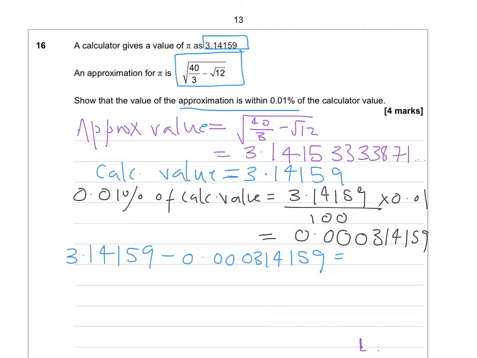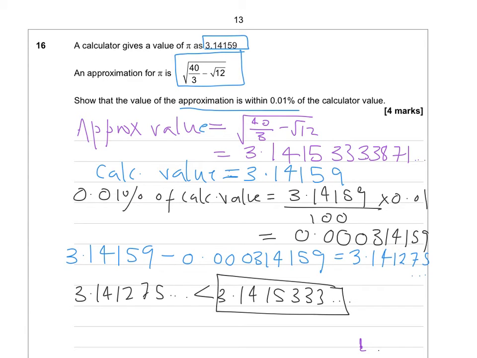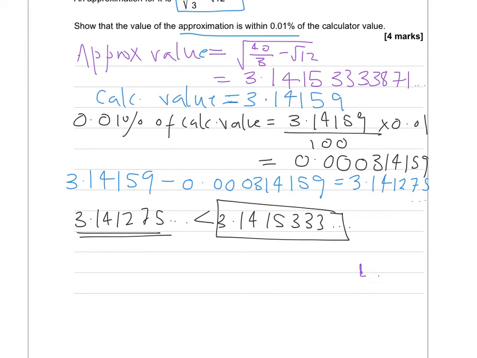This gives us 3.141275841. Now this is smaller than the approximate value of 3.1415333..., which means that this approximate value must be closer to the calculator value than this value here, which means it must be within 0.01% of the calculator value.